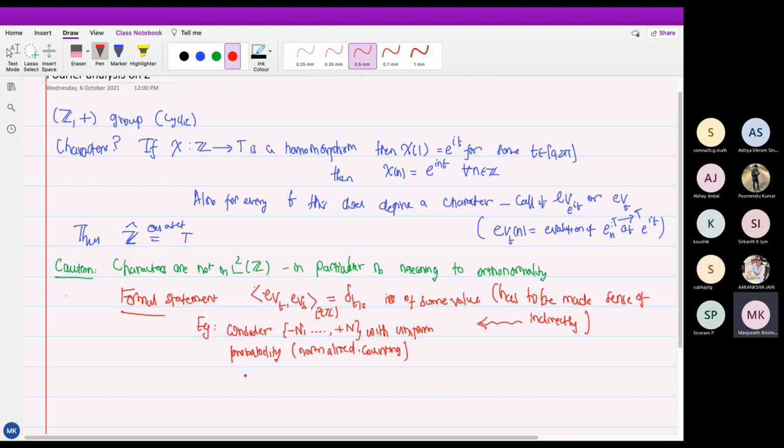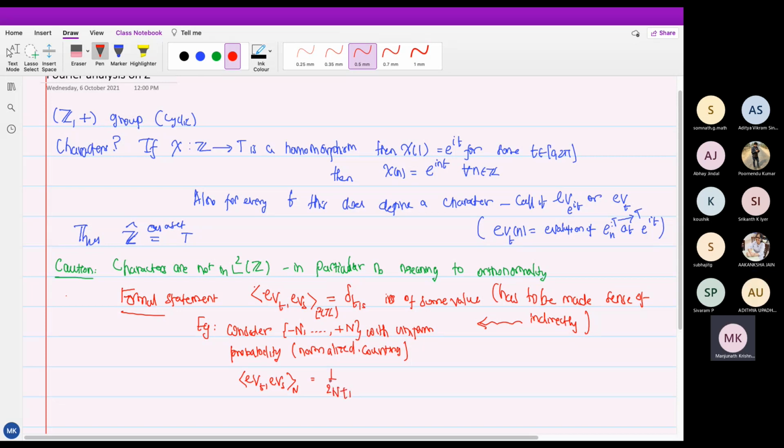There you can look at, let me just write it, by definition 1 over 2n plus 1, that's the number of elements here, the sum over k equals minus n to n of EV_t of k times EV_s of k bar, which is e to the i t k times e to the minus i s k.